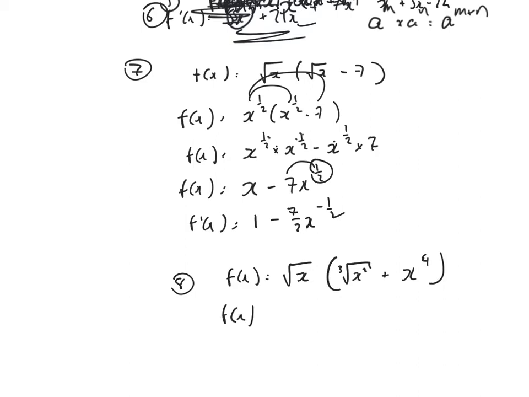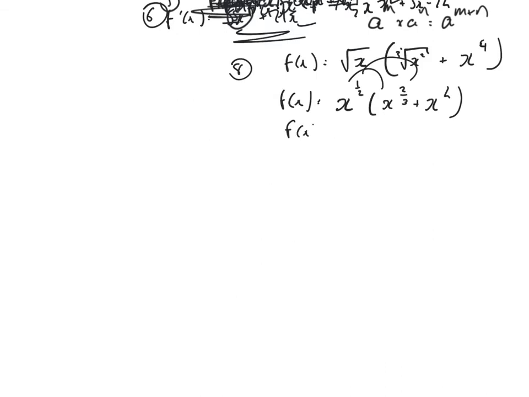First move is to get rid of the root sign, so it's going to be x to the 1/2 bracket x to the 2/3 plus x to the 4. Now I'm going to take my time, expand the thing out, get rid of the bracket. So that's x to the half times x to the 2/3 plus x to the half times x to the 4.